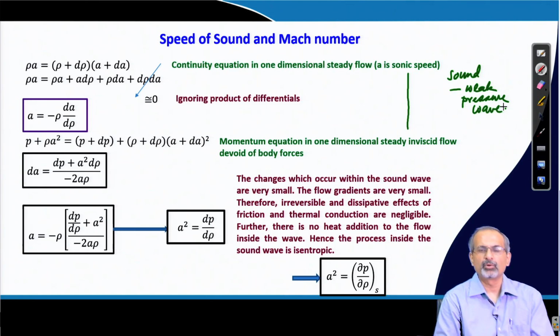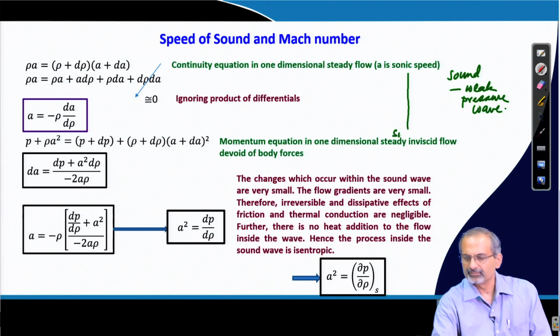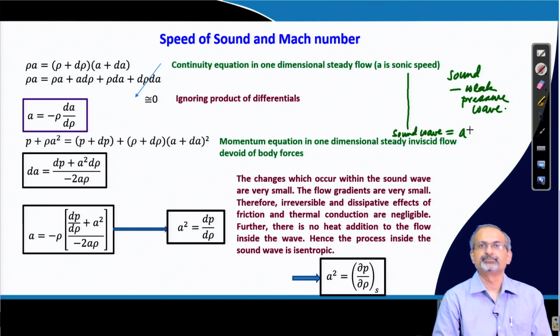But because a low amount of energy is propagating through the medium, only differential changes are created in the properties of the medium. So, that wave is a weak pressure wave which is propagating through the medium with a speed of a, let us say.